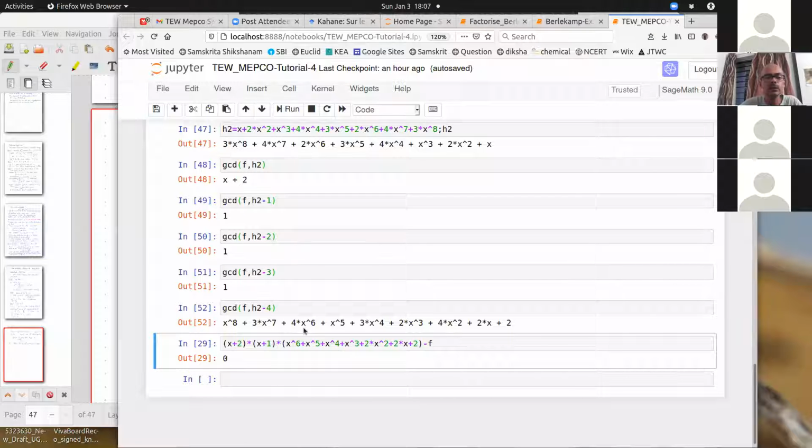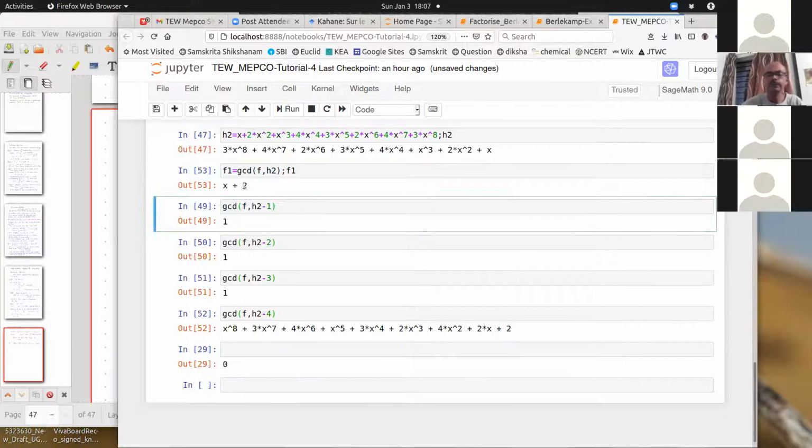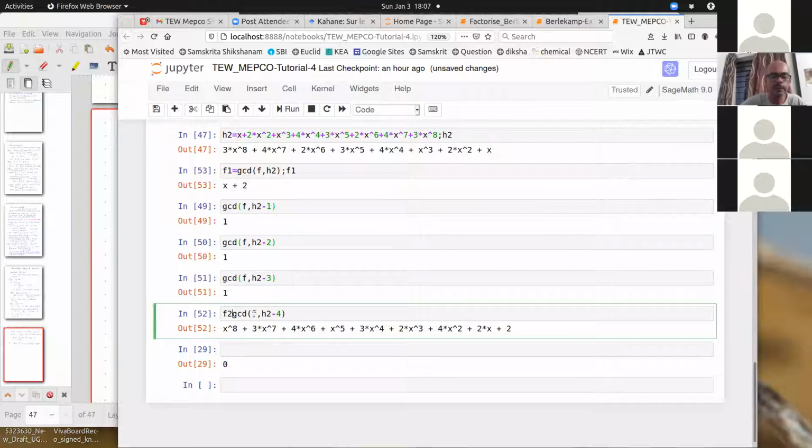These are the two factors, and once we have two factors, they have to be irreducible. Let's just give names for these. Let's call this F1, that is a factor of F. And F2, that's the second factor.